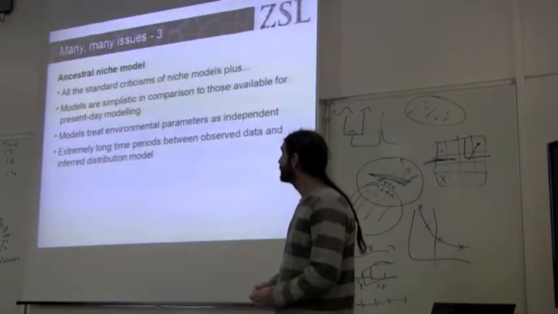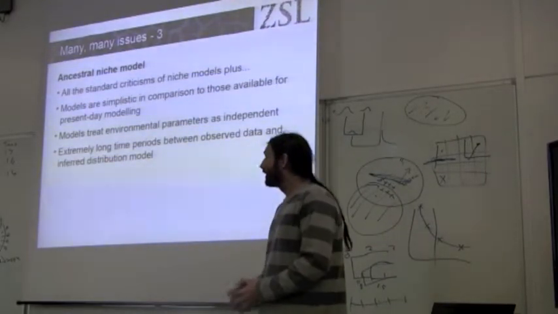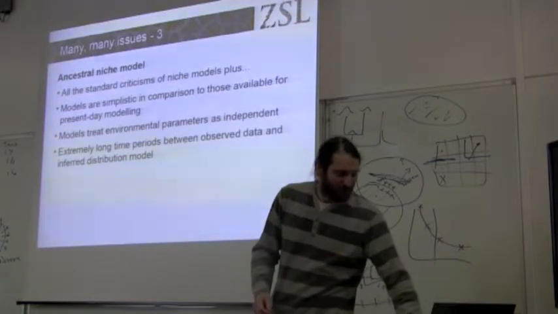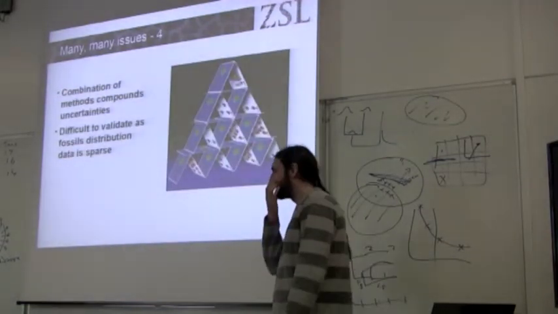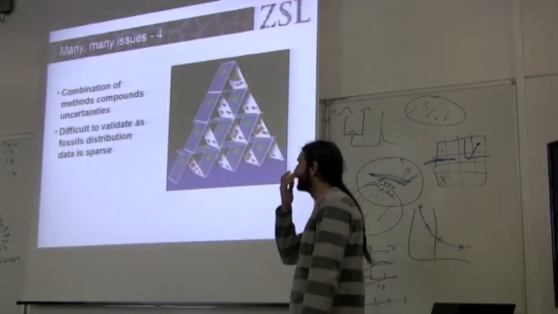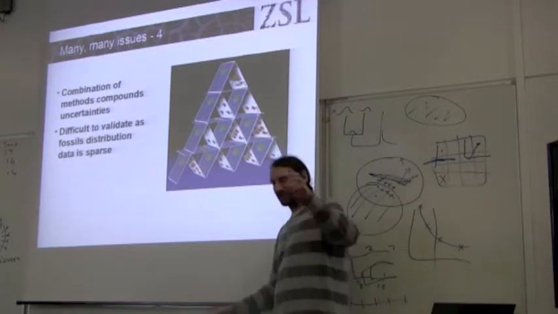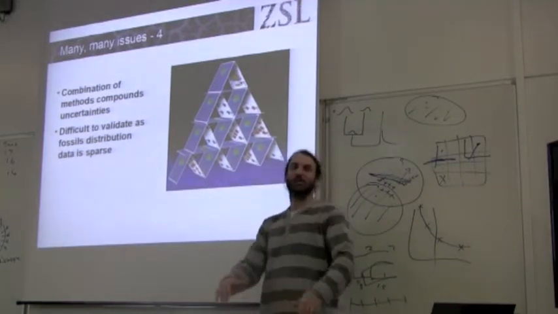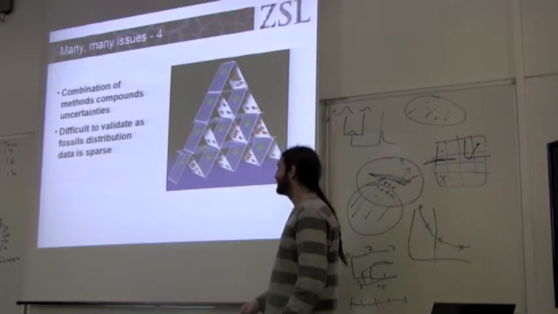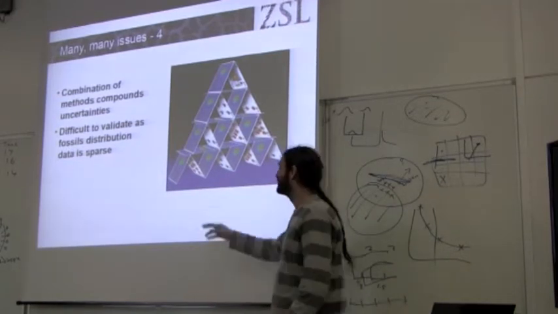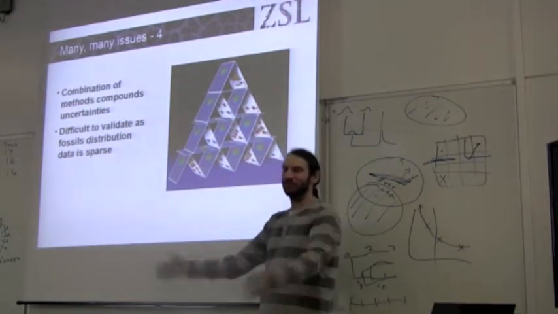So there's a very, very long list of caveats that we have, and sometimes I feel that we're building model upon model upon model that is really just a house of cards, and if one little card falls, everything falls down.